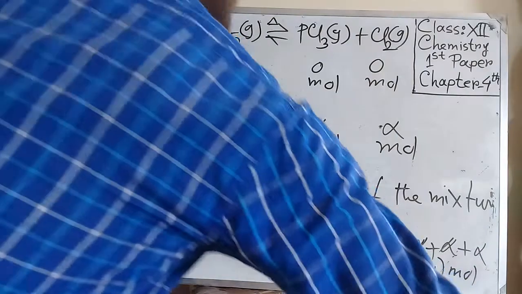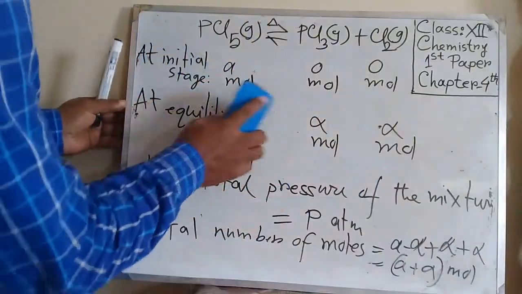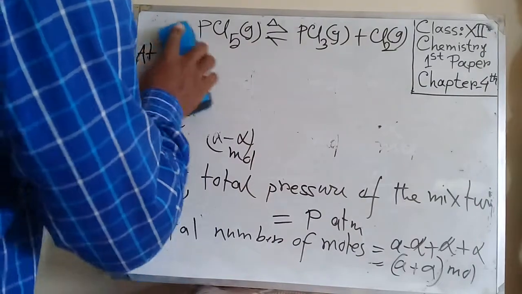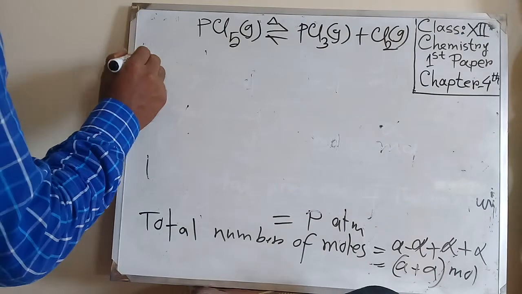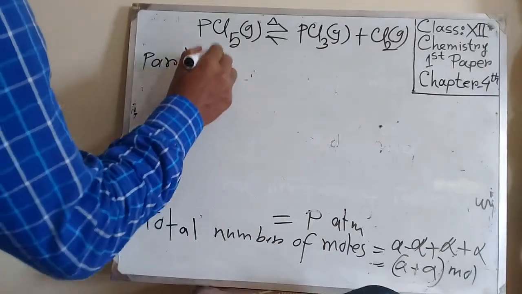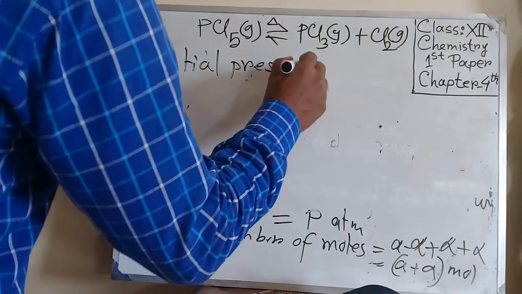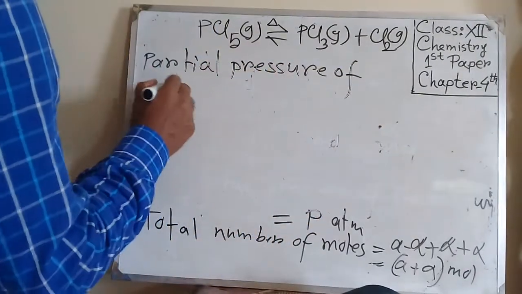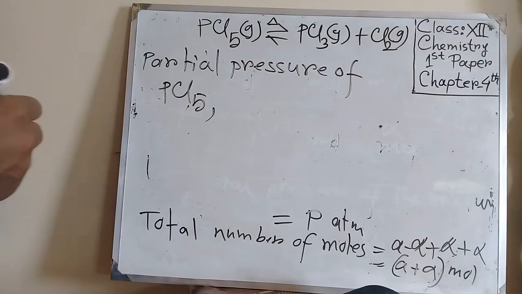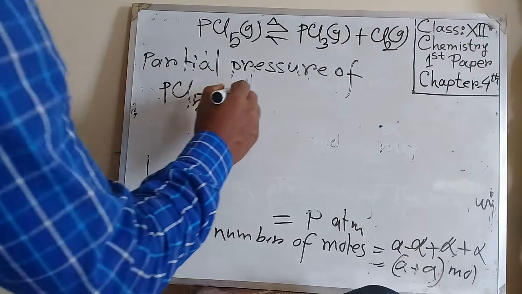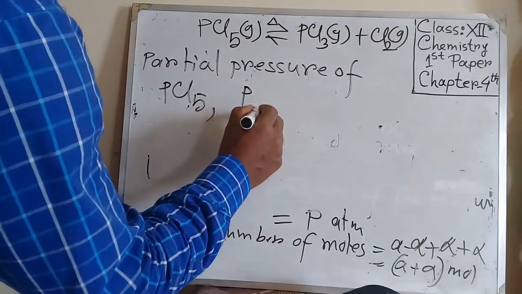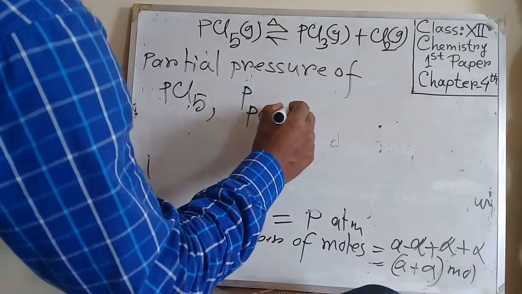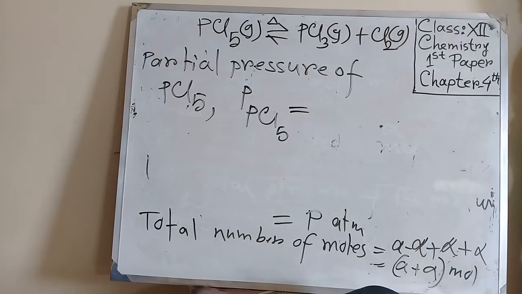Now, the partial pressure of phosphorus pentachloride. Partial pressure is denoted by P, but the partial pressure of which one? Phosphorus pentachloride. That's why we write phosphorus pentachloride here, equal to mole fraction into total pressure. So what is mole fraction?